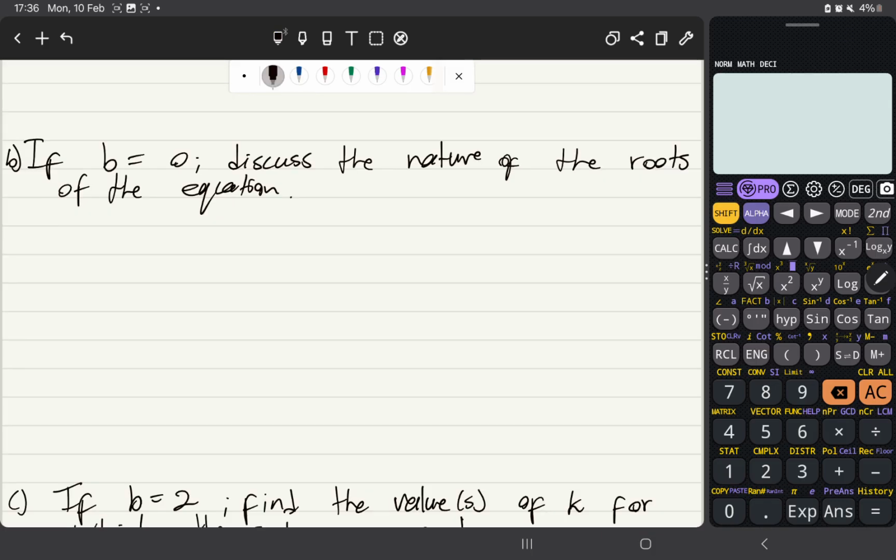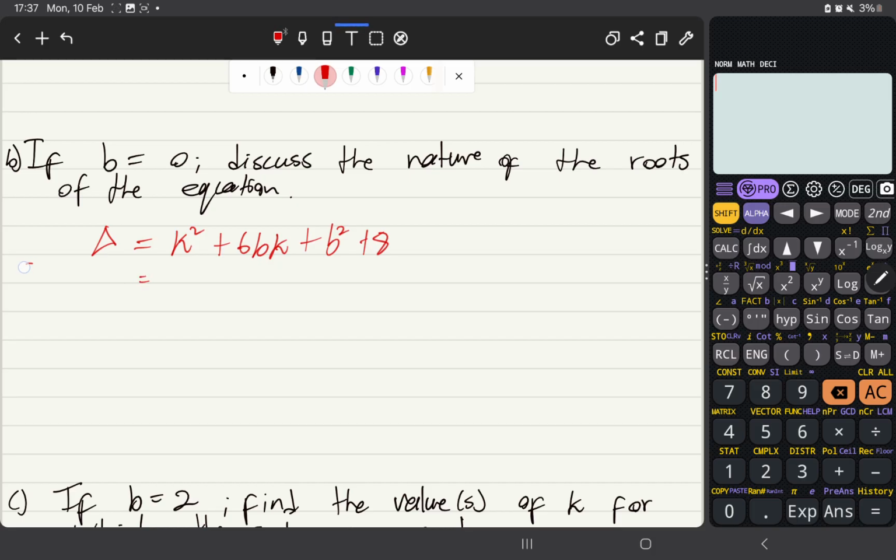All right, cool. So they say if b equals 0, discuss the nature of the roots of the equation. So now let's remember what we have. Our discriminant is k squared plus 6bk plus b squared plus 8. So they say b equals 0.